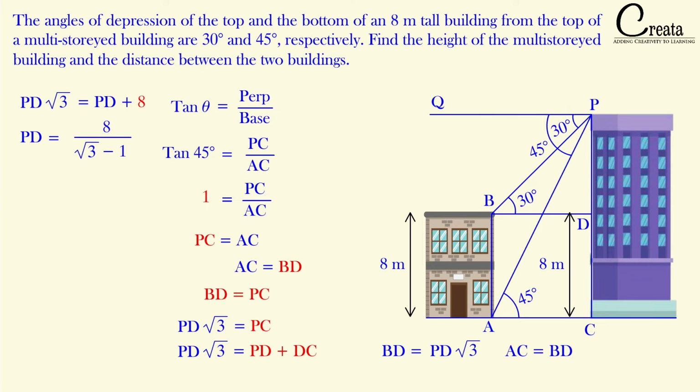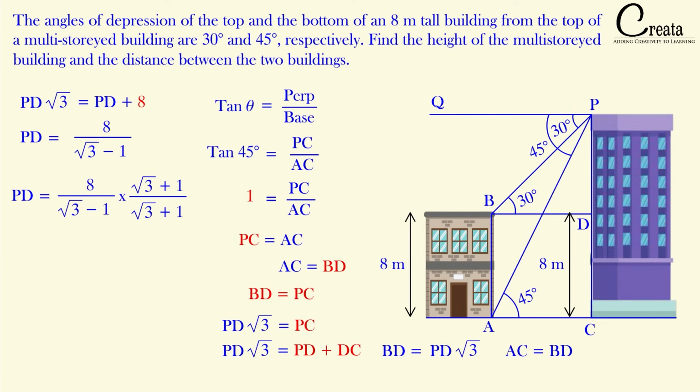Let's multiply the numerator and denominator with root 3 plus 1. Here in the denominator, we got root 3 plus 1 into root 3 minus 1, which is resembling a plus b into a minus b, which is a square minus b square, the simple algebra. So on solving, we got PD as 4 into root 3 plus 1 meters.